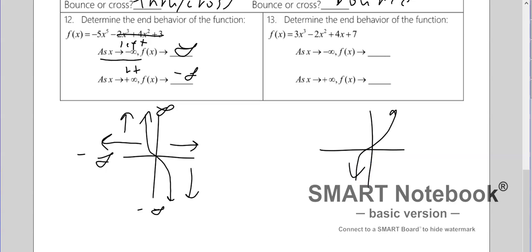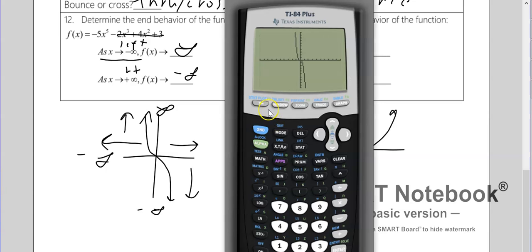But once again, I could go to Desmos real quickly, and even the 5 doesn't matter, or 3. I could just leave it at 5, but I'm going to put in 3x cubed. Graph. Okay? The point is, even the 3 doesn't really matter. I'm just worried about the end behavior, not the overall shape.